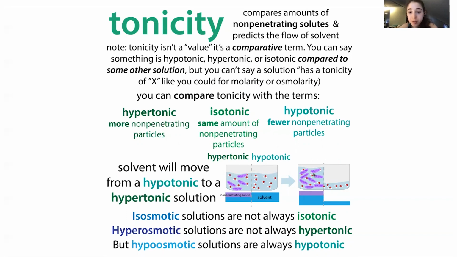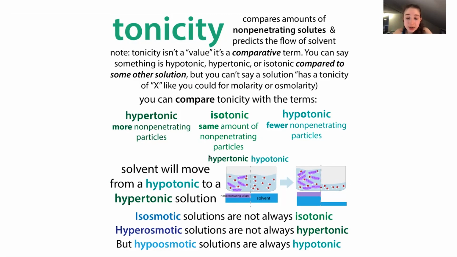And at the end, we're going to have isotonic, which means that they have the same amount of non-penetrating particles, except that we can't actually get there because of the pressure. Because this is talking about non-penetrating solutes, not all solutes, the tonicity and the osmolarity can sometimes be inconsistent in terms of which prefix.